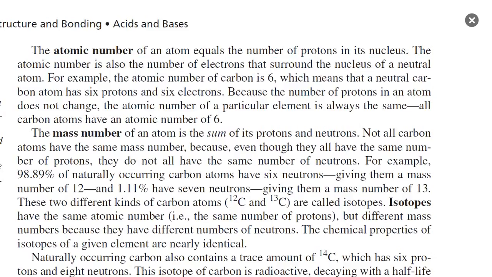Then we can say, if it's a neutral atom, whatever number of electrons you tell me, that is the atomic number. I'm the winner student, right? Because I told you the atomic number. So the number of protons is the atomic number, and for a neutral atom, the number of electrons is the atomic number as well.